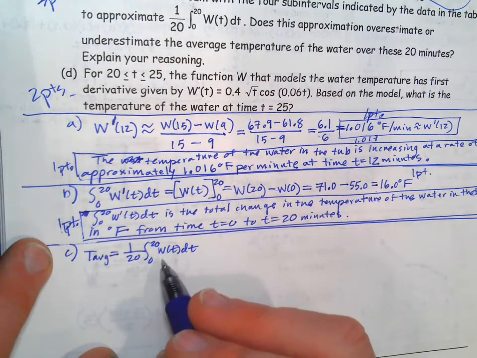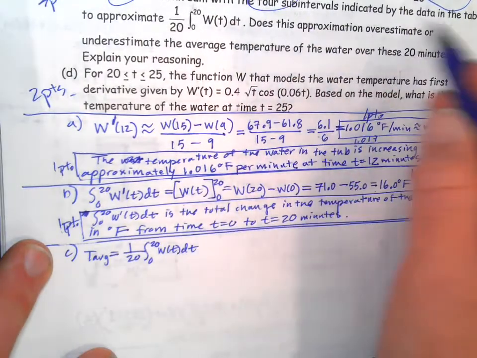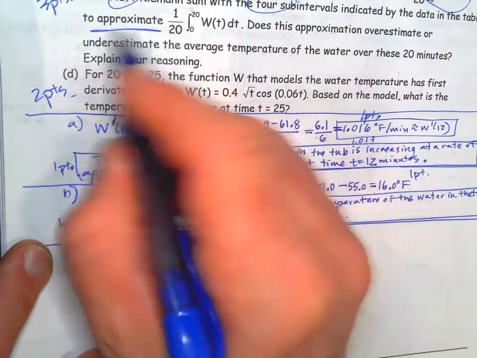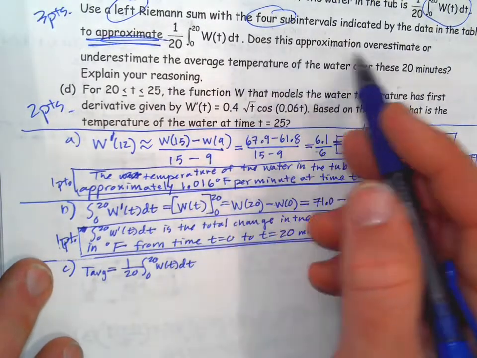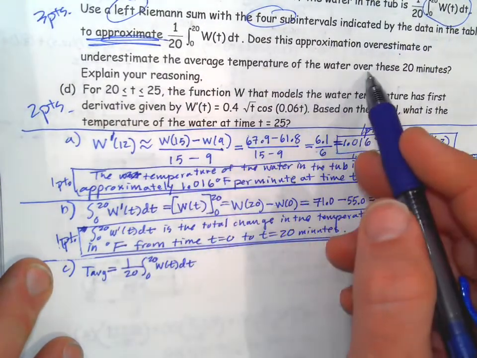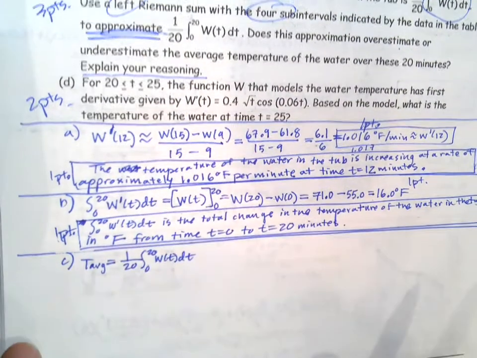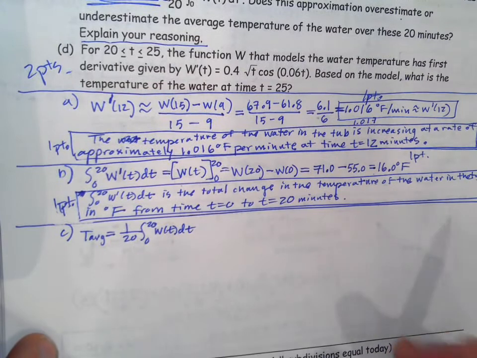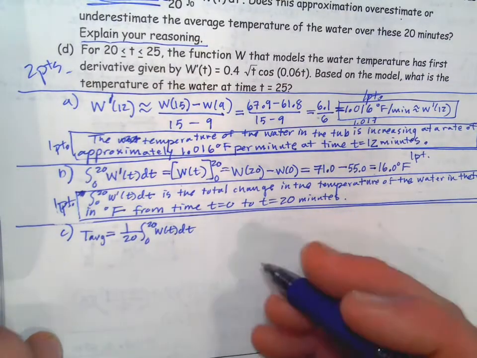It says use a left Riemann sum with 4 subintervals indicated by the data in the table to approximate the average. Does this approximation overestimate or underestimate the average temperature in the water over these 20 minutes? Explain your reasoning. So you can't just say, oh, it's over or under. You got to say why, which probably has to do with it either increasing, decreasing, concave up, concave down.